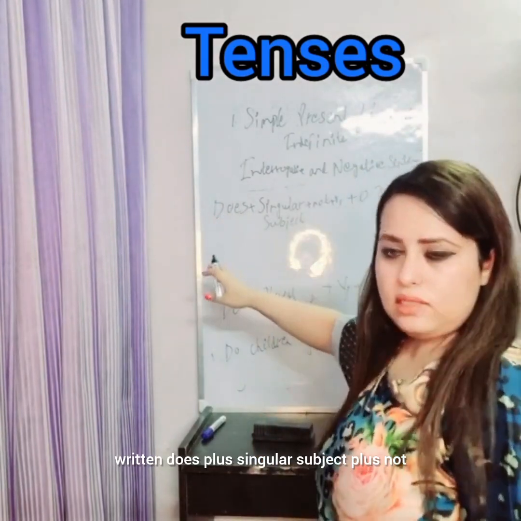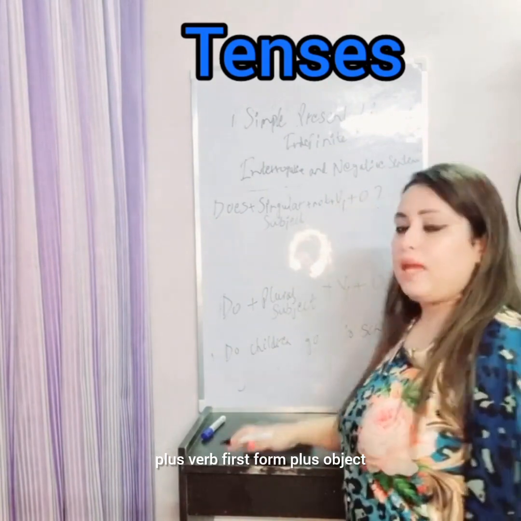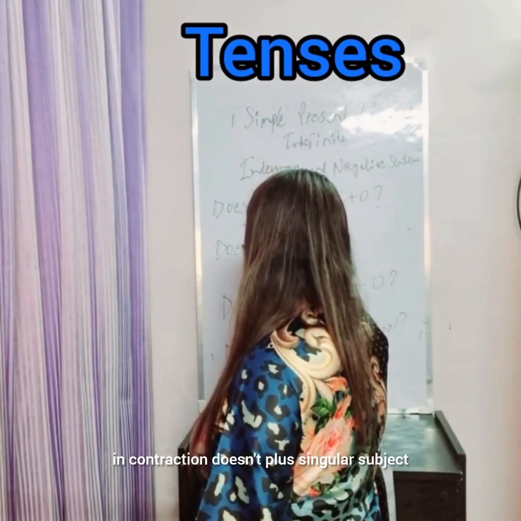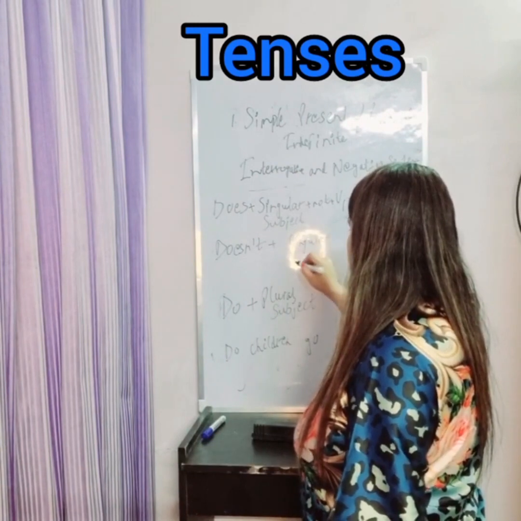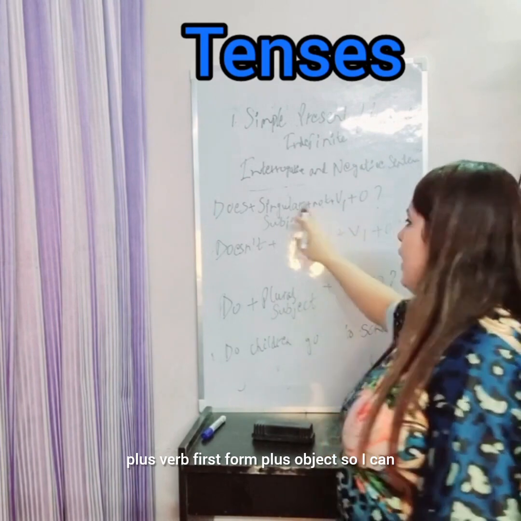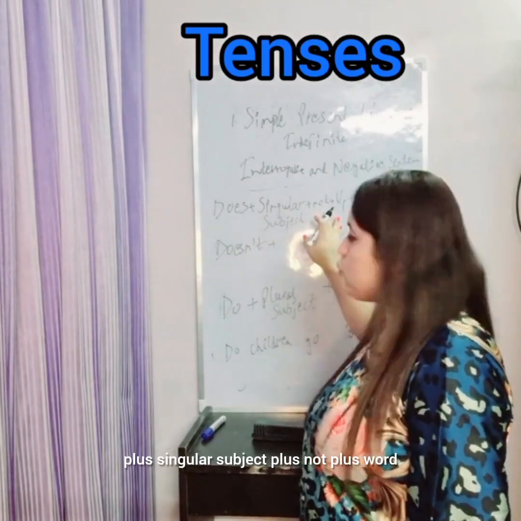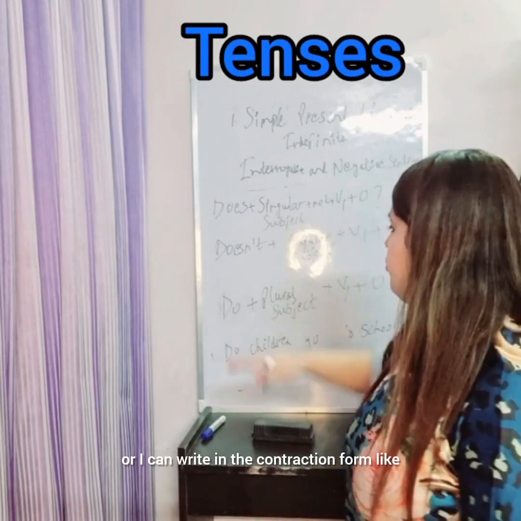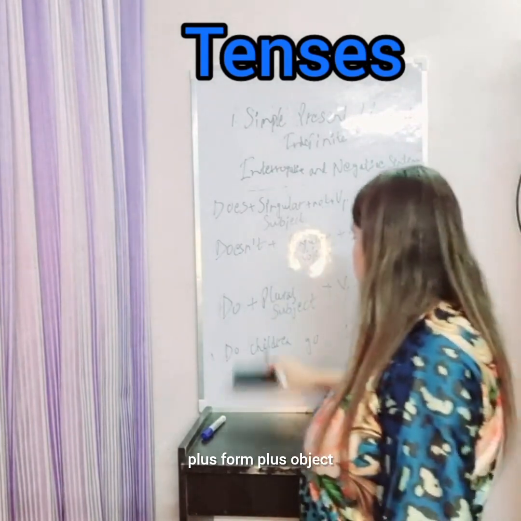Here I have written does plus singular subject plus not plus verb first form plus object, and I can also use this sentence structure in a negative contraction: doesn't plus singular subject plus verb first form plus object. So I can either write it in the first way, does plus singular subject plus not plus verb first form plus object followed by a question mark, or I can write in the contraction form like this, doesn't plus singular subject plus verb first form plus object and a question mark.